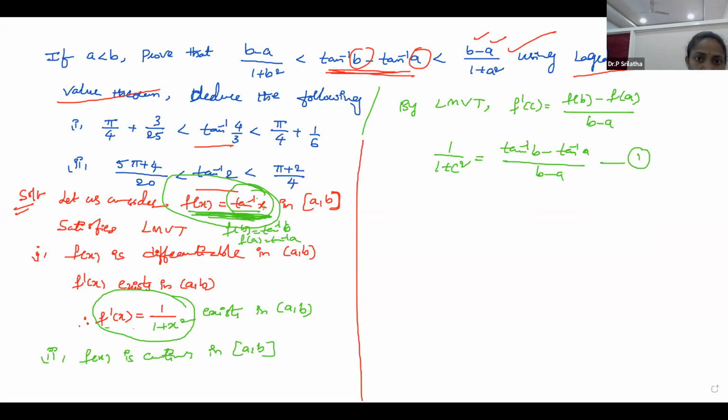So here the most important thing is, what is one more condition in Lagrange's mean value theorem? It is differentiable in open interval a comma b, it is continuous in closed interval a comma b, and f dash of c equal to f of b minus f of a divided by b minus a, and the last condition is here.